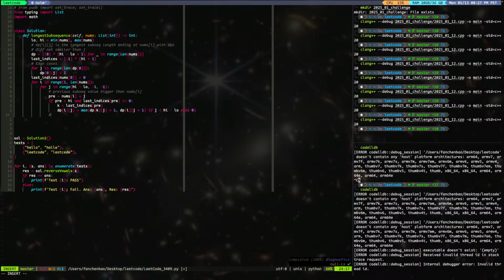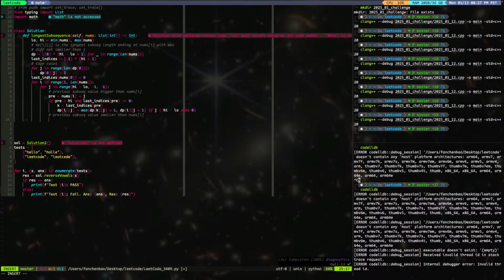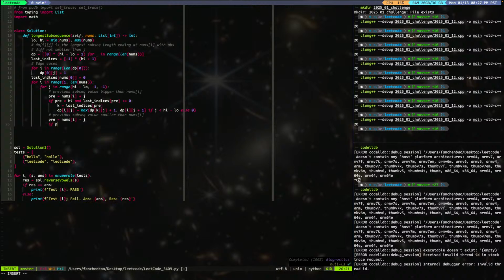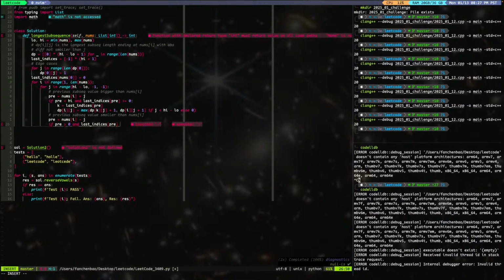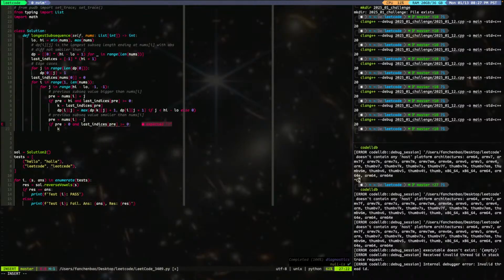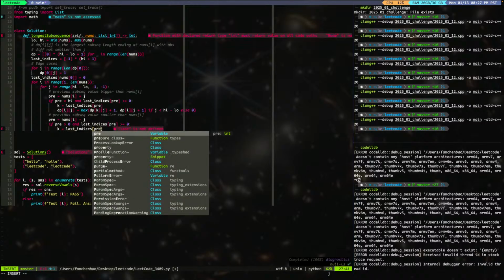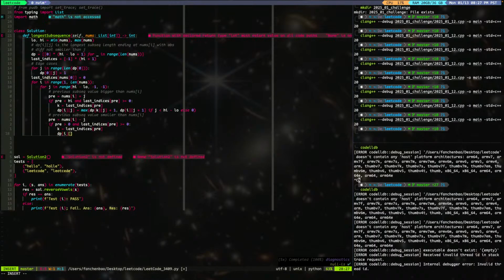So we get a current. Okay. And then we say previous subsequence value smaller than nums i. Now we say if pre equal to nums i minus j, right? If pre is larger than 0 and last indices pre is larger or equal to 0, k equals last indices pre, dp i j equal to maximum.